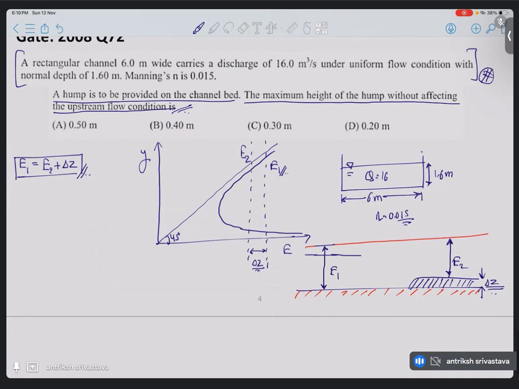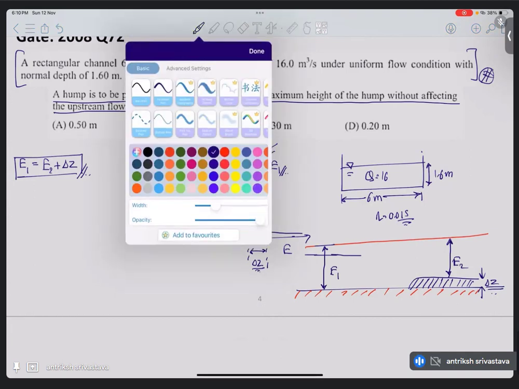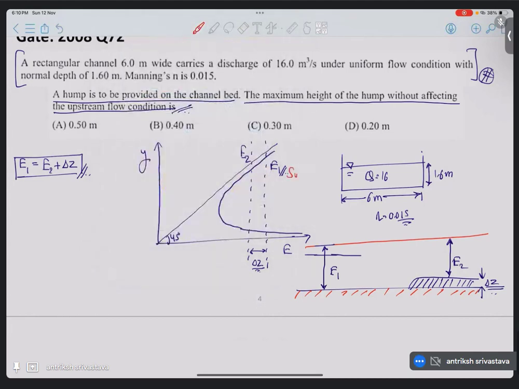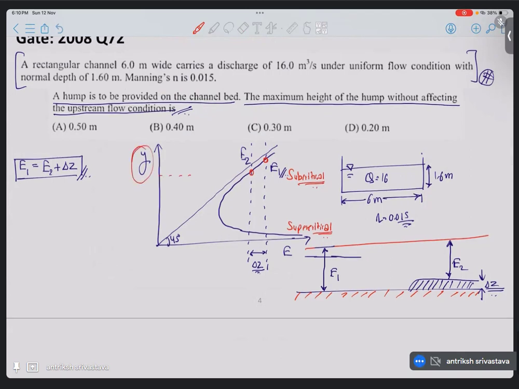Let's look at subcritical and then supercritical later on. If you have a subcritical flow, the depth of flow, that is y on the y-axis, is going to reduce, right?